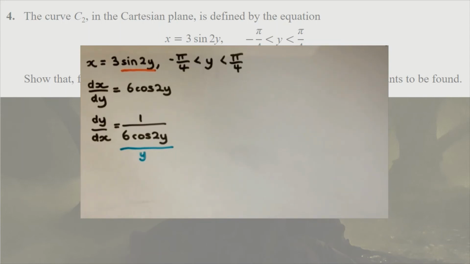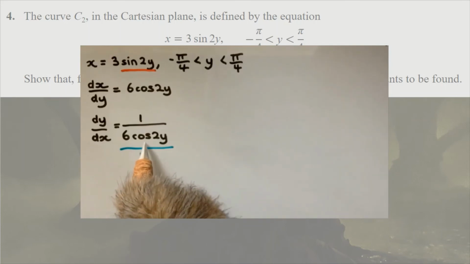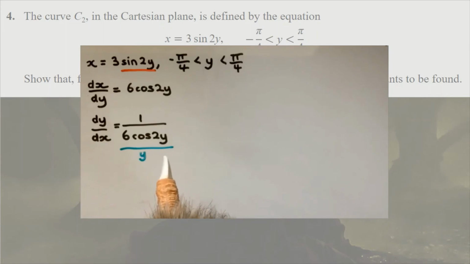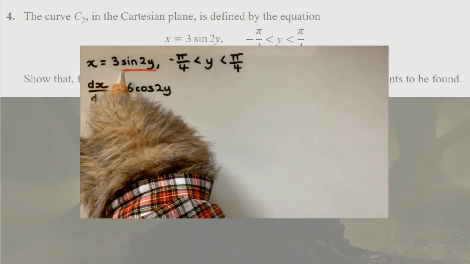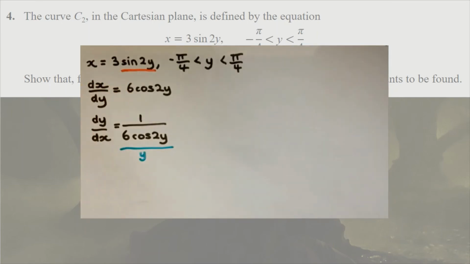So what do we know? Well, the cos of 2y needs to come out of this somehow. There's no trig function whatsoever in our final expression. What do I know? Well, we do want x. We don't want y, and we don't want trig functions. Now, we do know that x can be written as 3 sine of 2y.